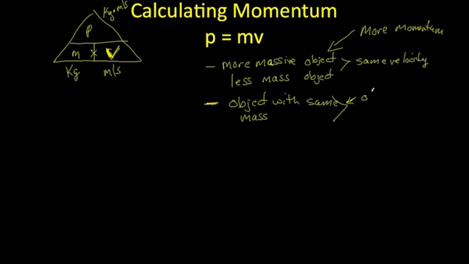So the objects with the same mass but different speeds, the object with more speed will have more momentum.